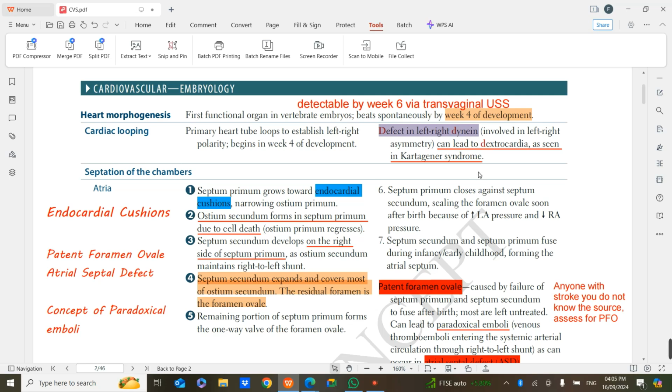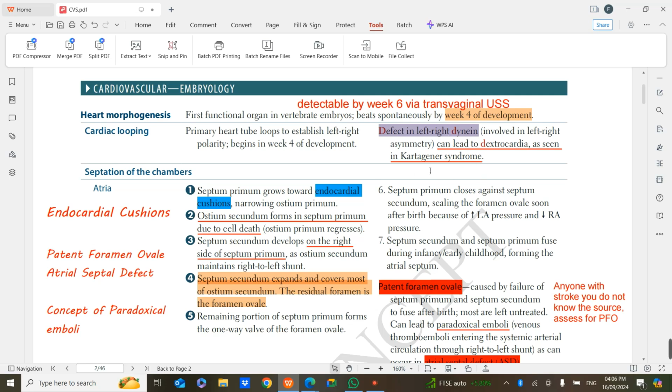USMLE is not a syndromic exam. They hardly test syndromes. Hardly. If you see any question that is predicting a syndrome, such a question is hardly USMLE. What USMLE does is to bring it down to a very simple concept that you can even reason out.